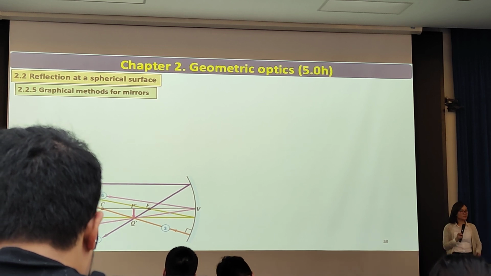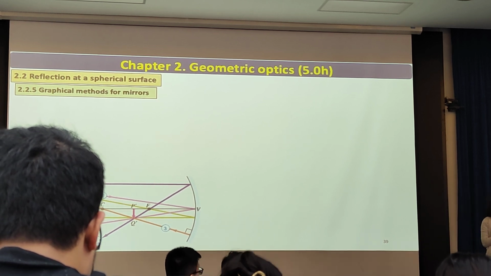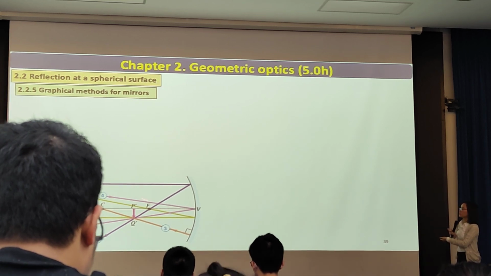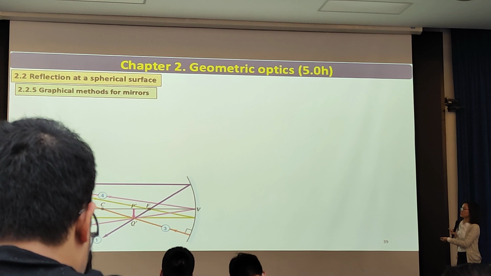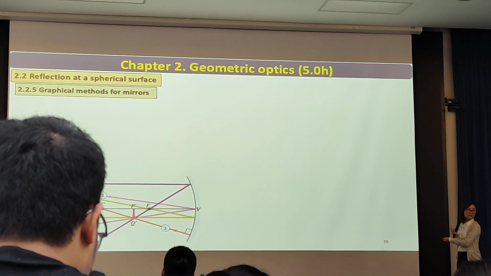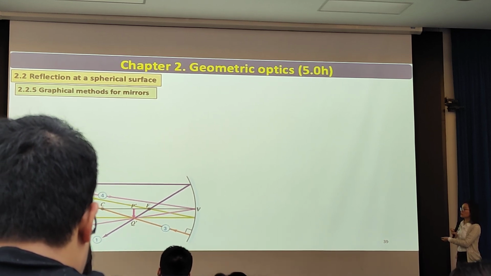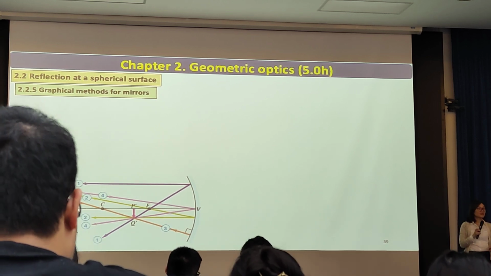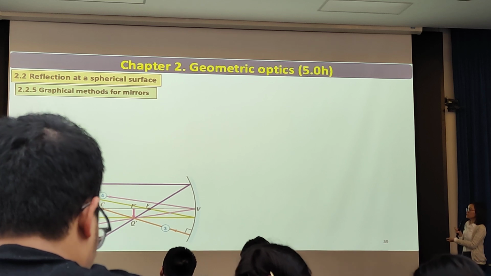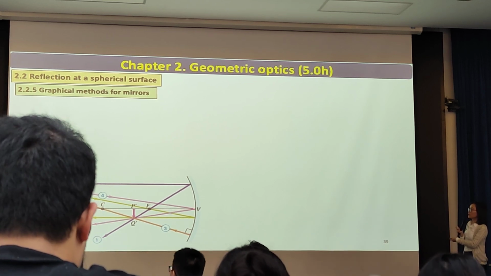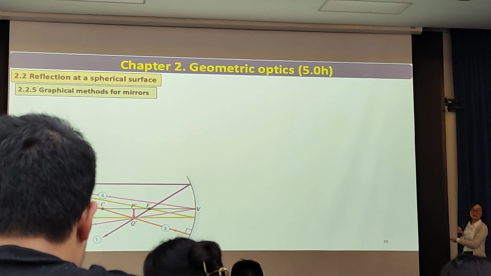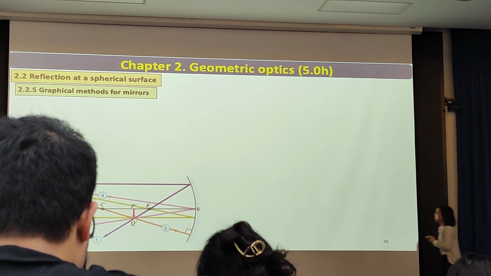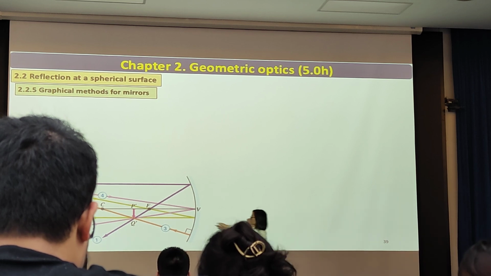And the fourth ray, please also transfer the mic to the student behind you. What is B? Vertex, yes. So if the incident ray strikes the mirror at the vertex, it reflects. What is the direction here?